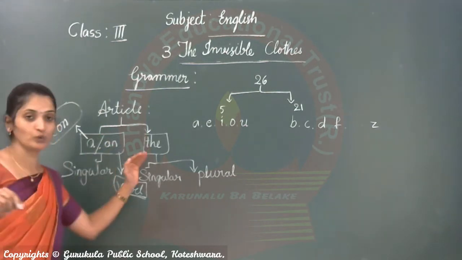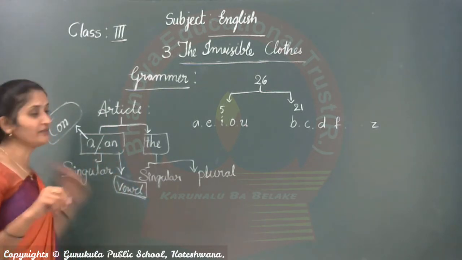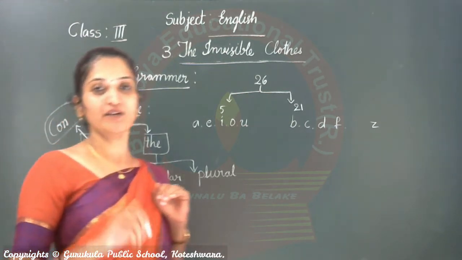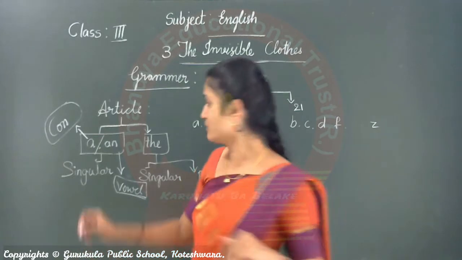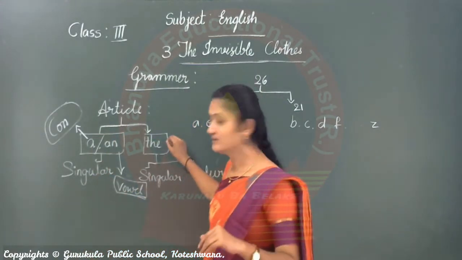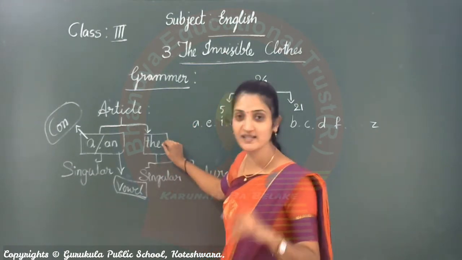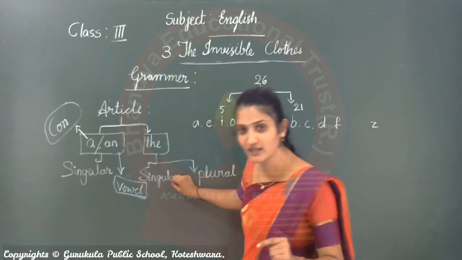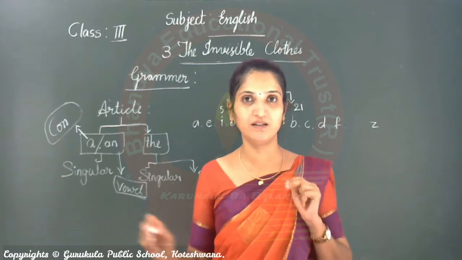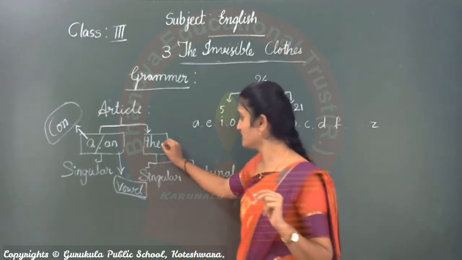But these two are only for a singular word. If it is a singular word, we can add that. If it is plural, we can't write these two articles. But the is also an article, right? We can use the for the singular also and the plural also. And one more: the means this one.